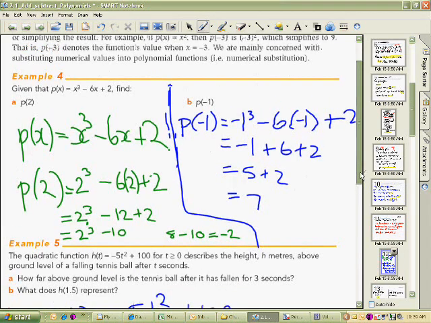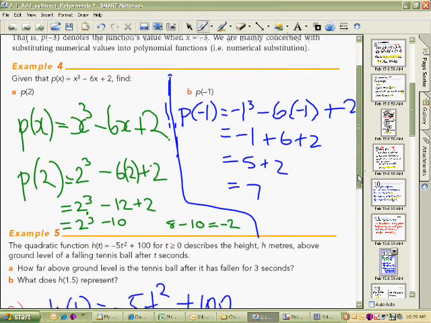Here we're looking at substitution. This is really easy. Substitution of what? Well, this here, for example, tells, so we've got a function p of x is equal to x cubed minus 6x plus 2. What, though, would that be equal to when x is equal to 2?